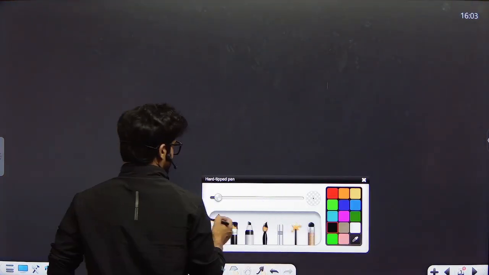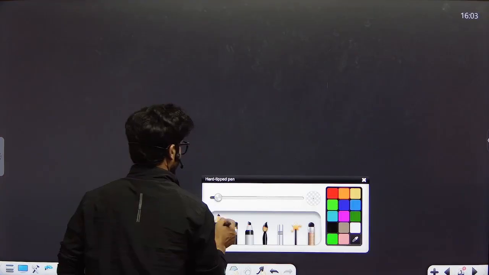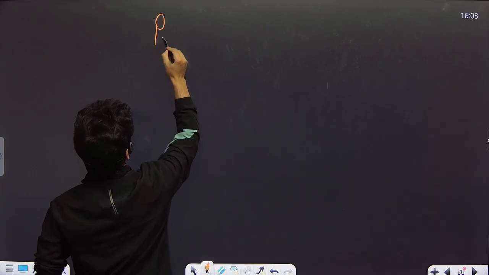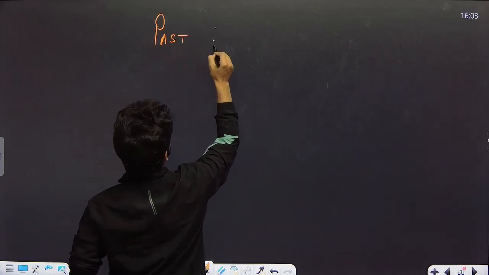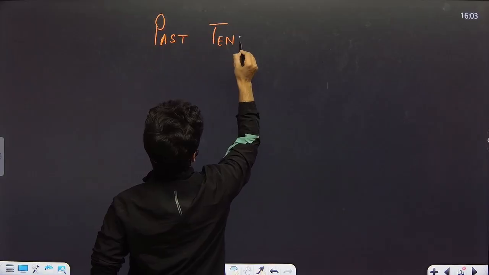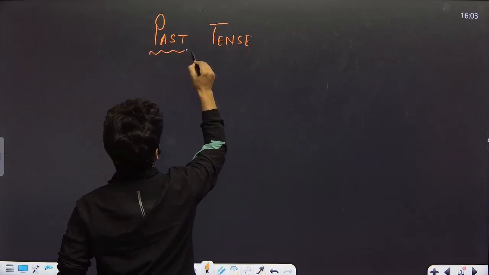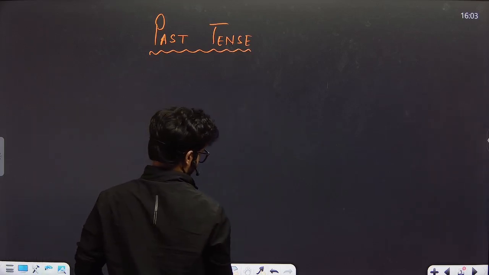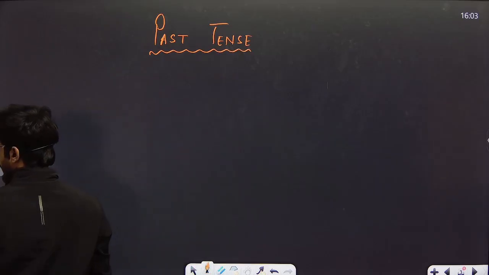So in the past case, let's have it. The topic for today is past tense. We will be discussing four kinds, as we discussed in the previous one.